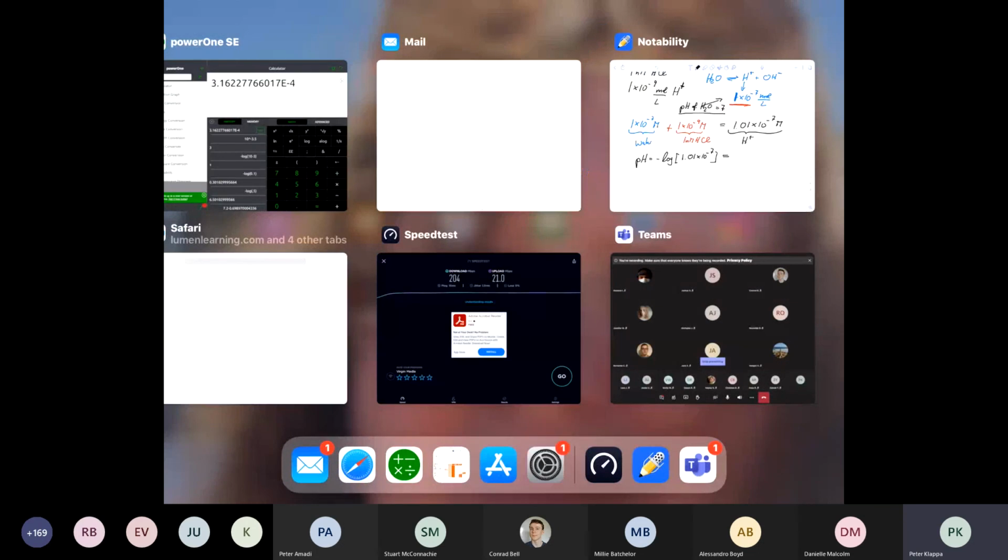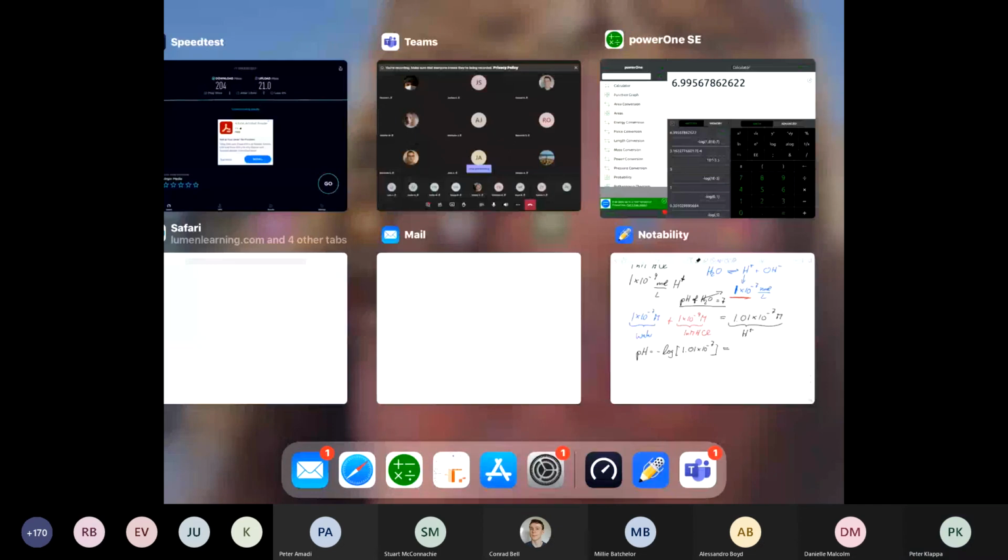So we do negative log of 1.01 e to the power of 7, 6.996. I write it as 6.996.